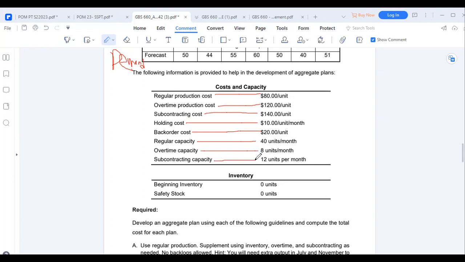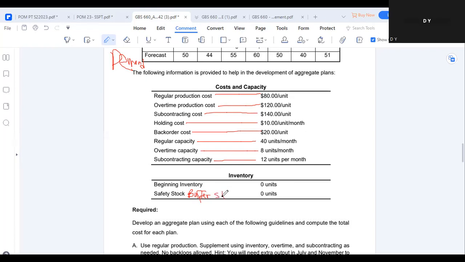All right, so then the beginning stock, which is the opening stock, was 0 units. The safety stock, which is the same as buffer stock, is actually 0 units.